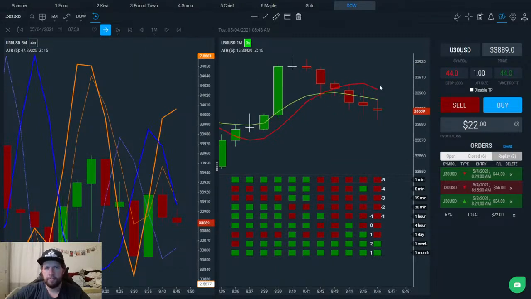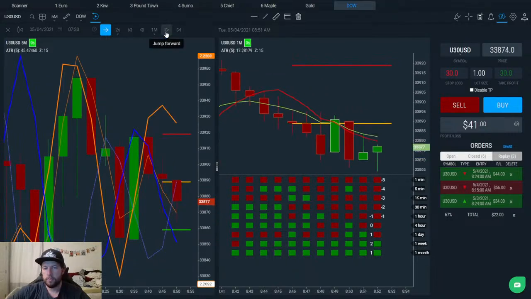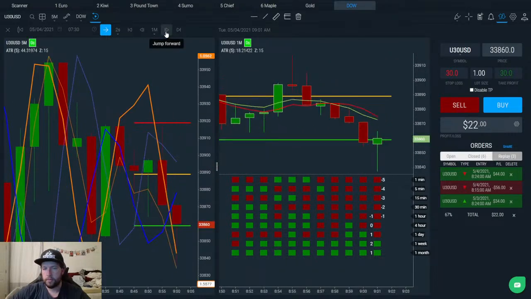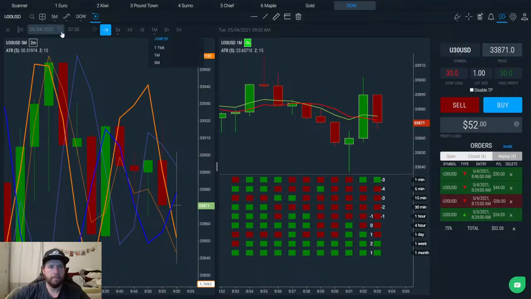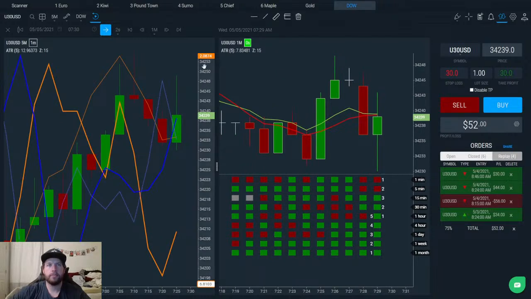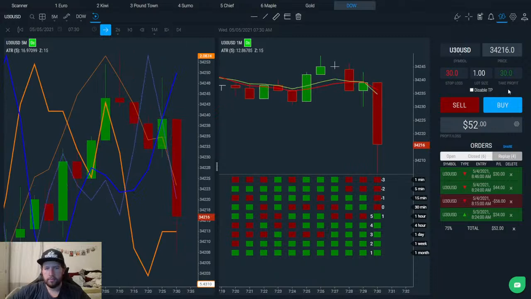There's one. Okay. Next day. Now, the beginning of each day is always interesting on this index because 7:30 is right when the market opens.